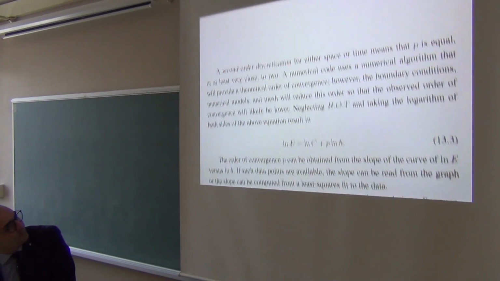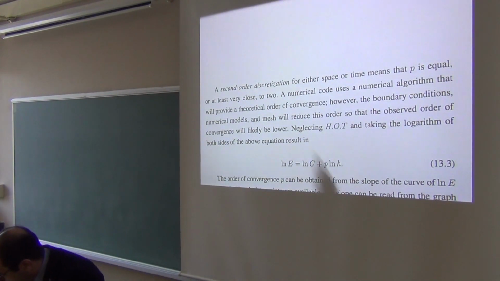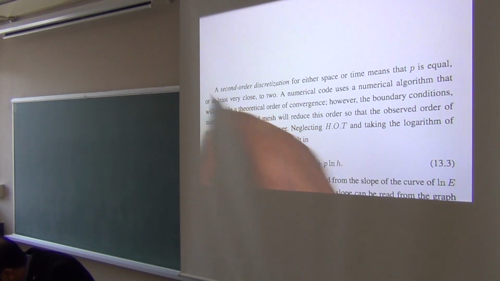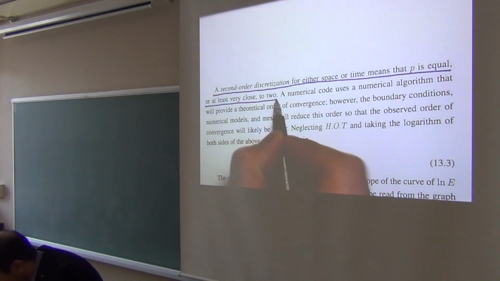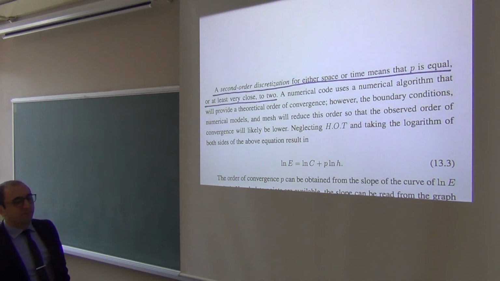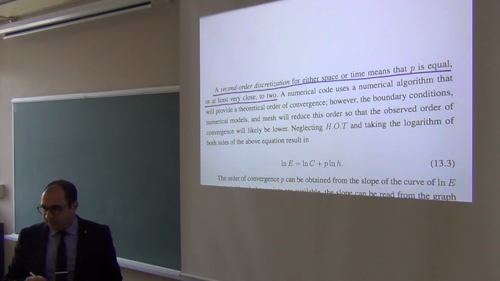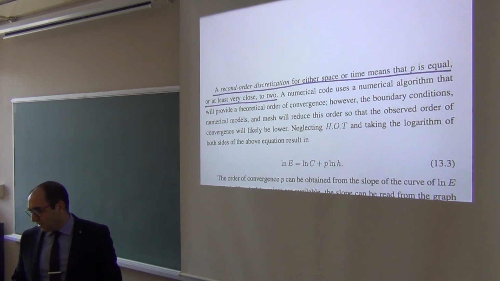Okay. Going back to the error equation, a second order discretization for either space or time means that this order of convergence is equal or at least close to 2. The second order is good. If you do serious computational work, you're probably second order and above.